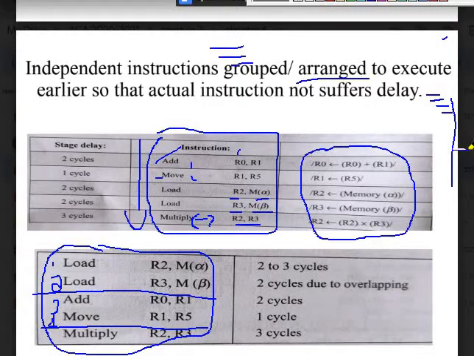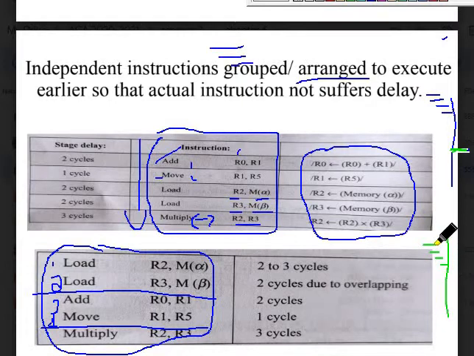So the change is: first load, second load, third add, next move. By the end of move, which is also the start of multiplication, both loads are completed.